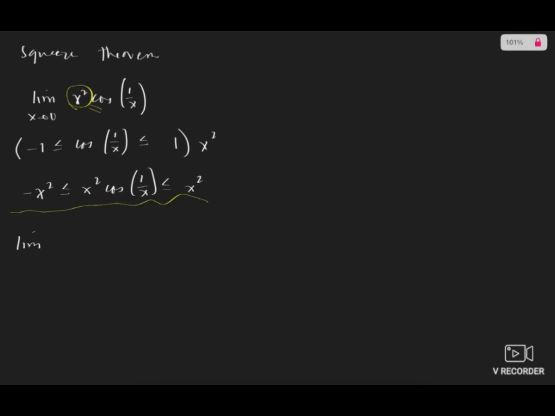We have the limit as x approaches 0 of -x squared, less than or equal to the limit of x squared cosine 1 over x, again as x approaches 0, and less than or equal to the limit as x approaches 0 of x squared.